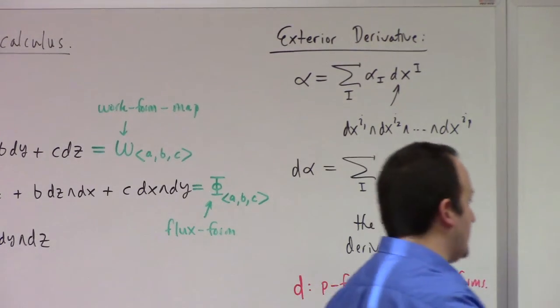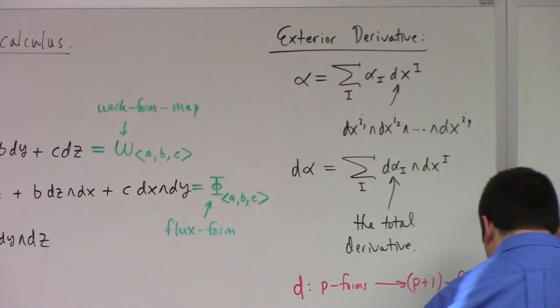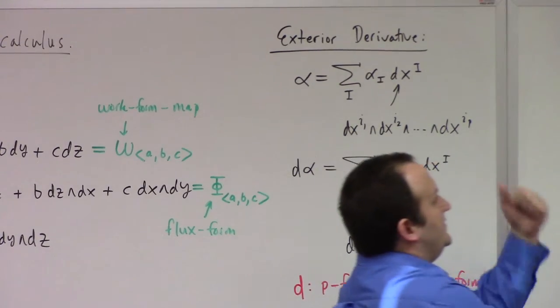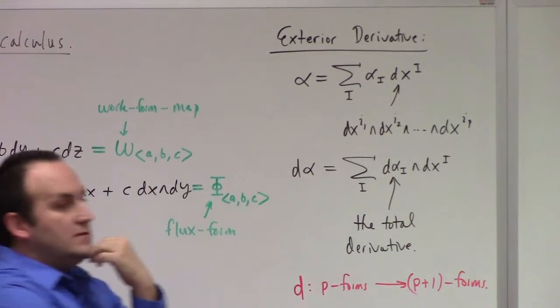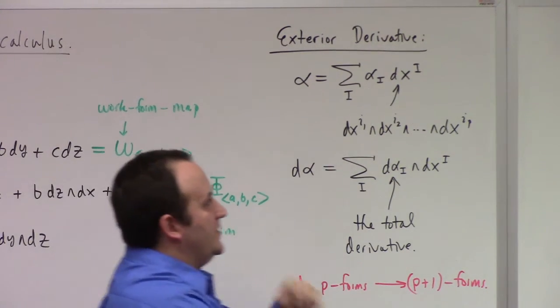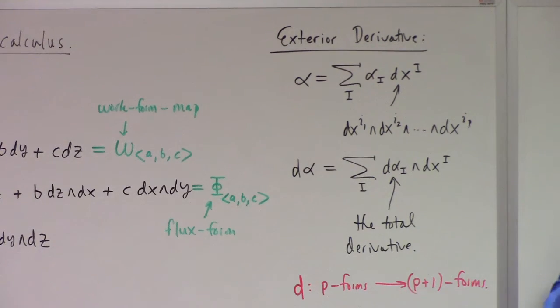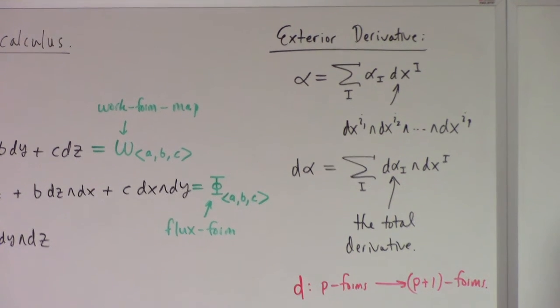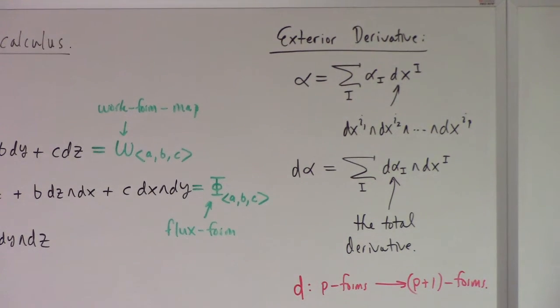Interesting. While we're at it, can you see any significance to this calculation? This is the work form of what vector field? 2x, z, and y, which is the work form of what as it relates to f?